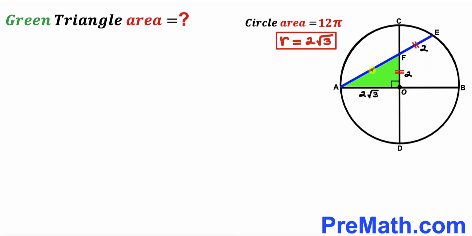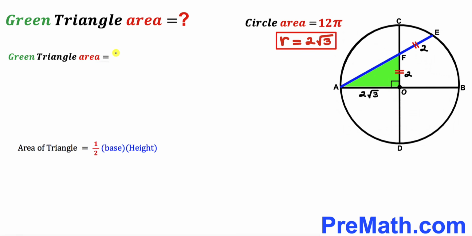And here's our final step. Now we are going to calculate the area of this green shaded right triangle AOF. And now let's recall the area of a triangle formula. Area is always equal to a half times base times the height of the triangle. And in our case, the base of this triangle is 2 times square root of 3 and the height is 2.